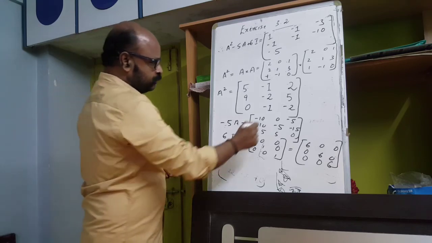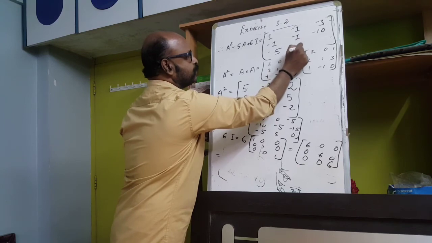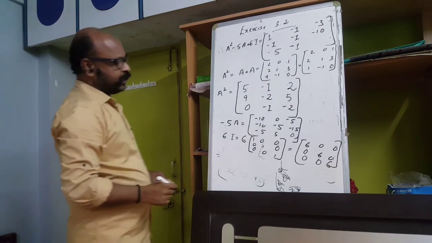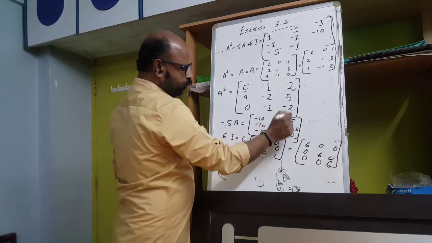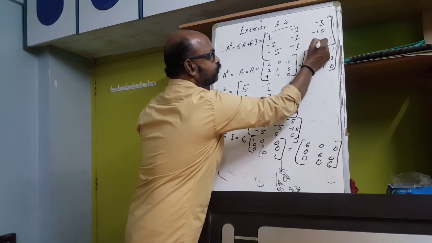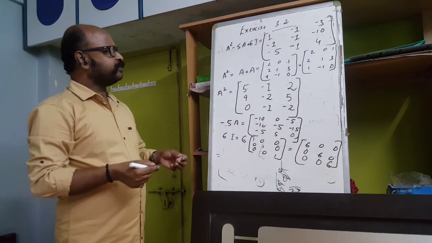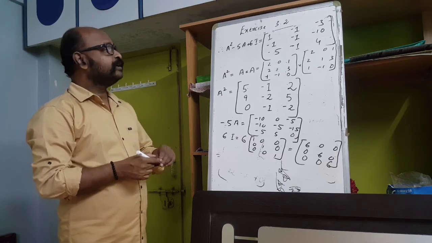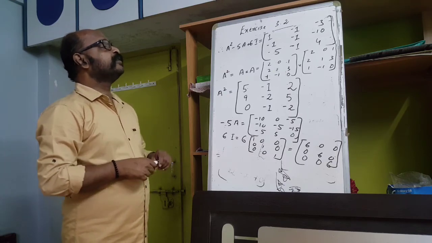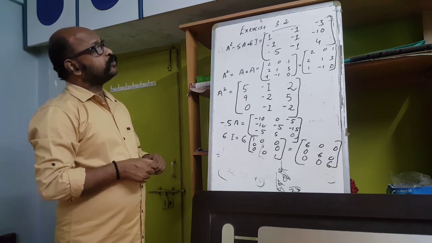Then minus 1 plus 0, minus 1, again 0 means it is going to be minus 1. So the last element, minus 2 plus 0 plus 6, that is minus 2 plus 6, that is 4. Okay, and just verify the operations and simplifications. So we have obtained which one? A square minus 5a plus 6i equal to matrix 1, minus 1, minus 3, minus 1, minus 1, minus 10, minus 5, minus 1, 4.